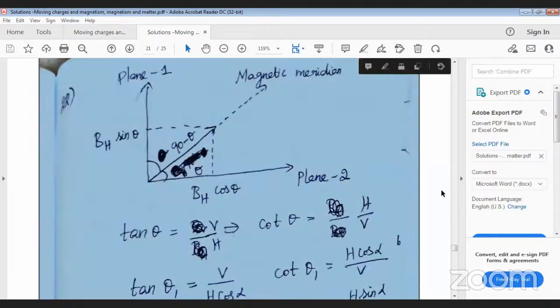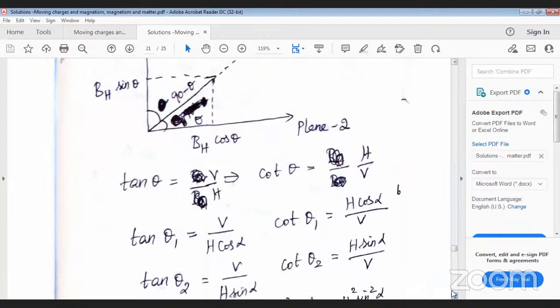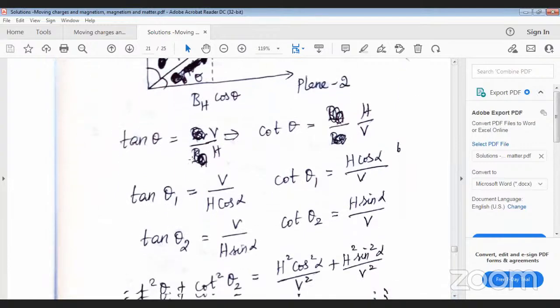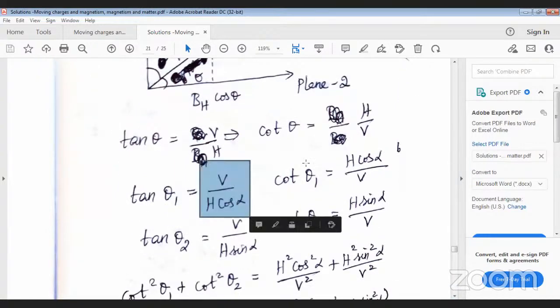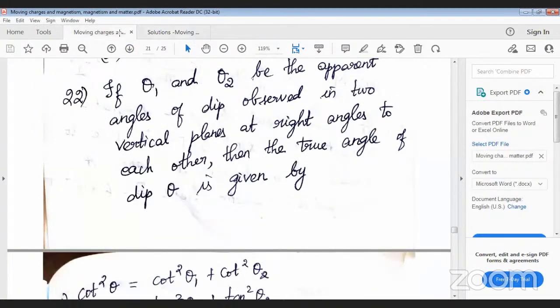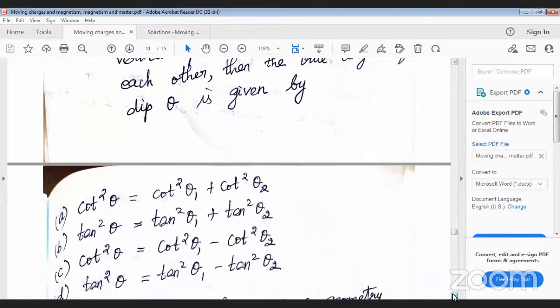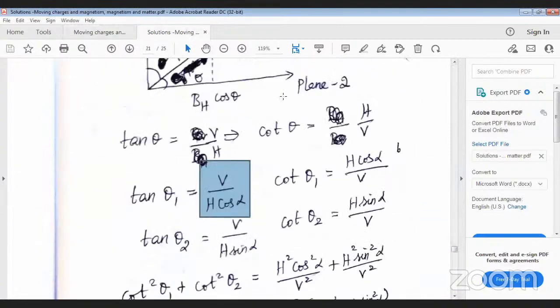Now tan theta 1 is V divided by H cos alpha. Alpha is nothing but the angle considered by us.